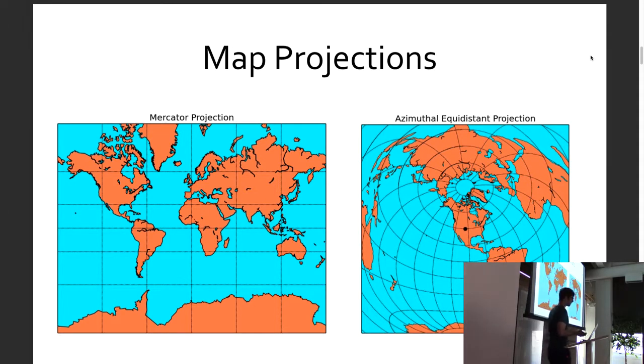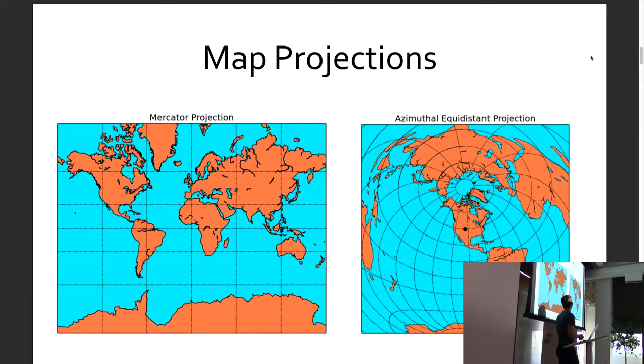For the GPS coordinates which we have, we have latitude and longitude coordinates, where the longitude is this axis and the latitude is the upper axis. That's how the data gets collected. And you have other projections like the azimuthal equidistant projection, which I found quite interesting, especially for the name.